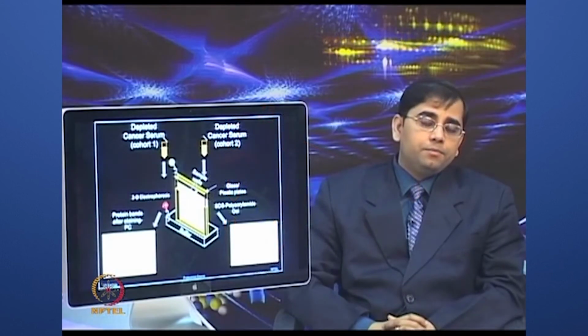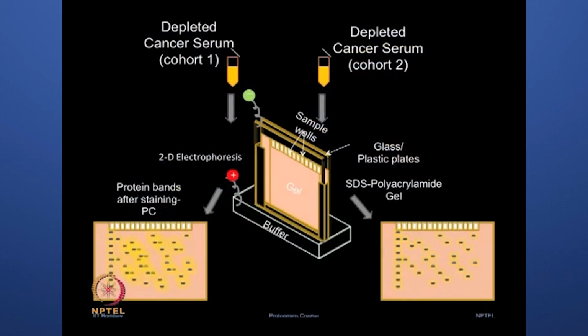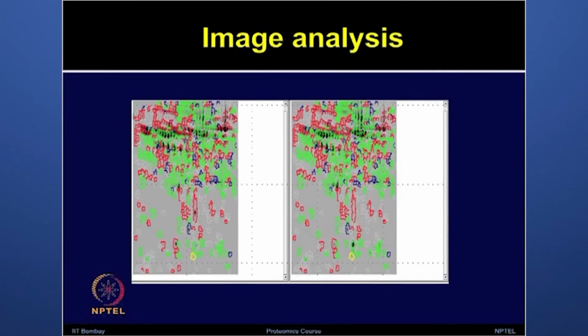The depleted cancer serum from the first cohort of Gleason score 5 and the second cohort of Gleason score 7 were mixed, separated in the first dimension, and followed by separation of the proteins in the second dimension. When the authors analyzed these DIGE images, they found that 63 protein spots were differentially expressed between the Gleason score 5 and 7 cohorts, and 13 of these proteins were statistically significant between these two populations.